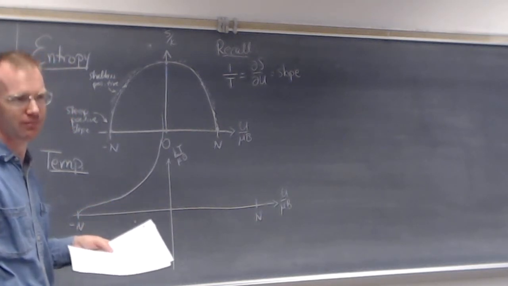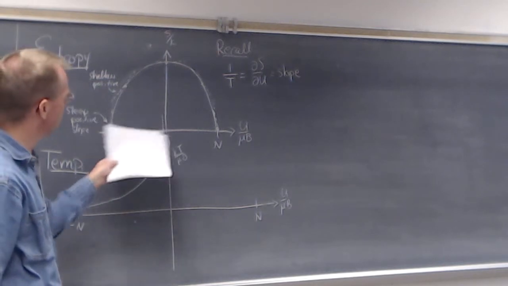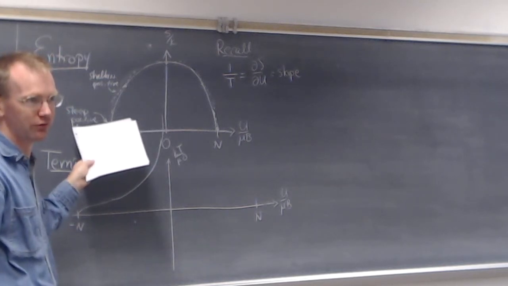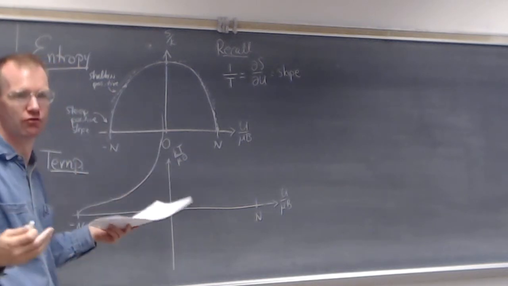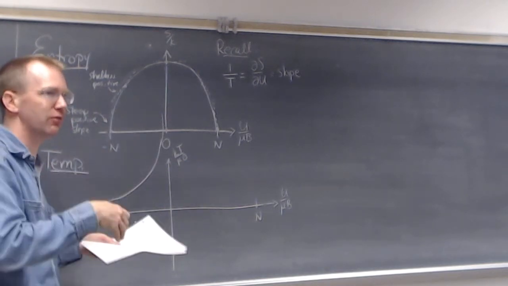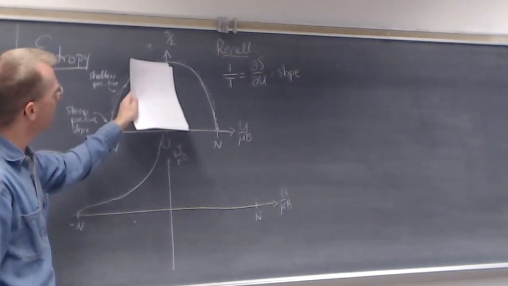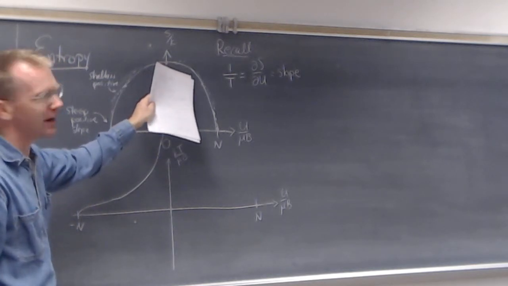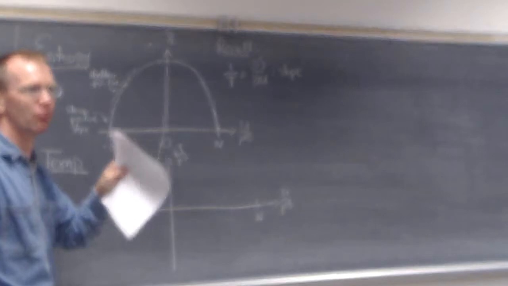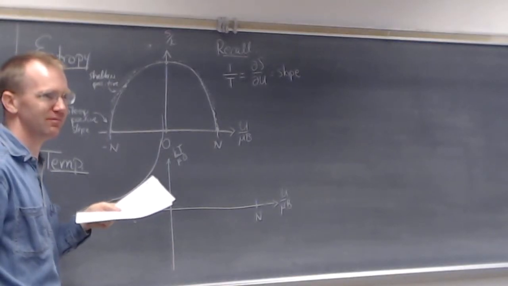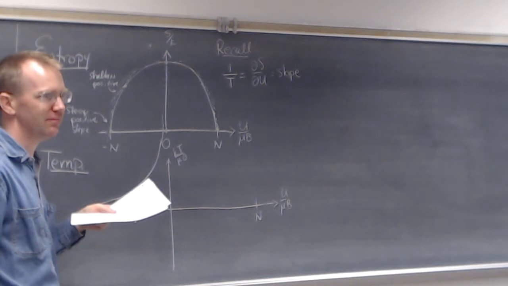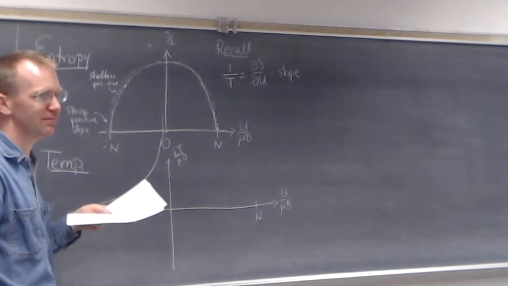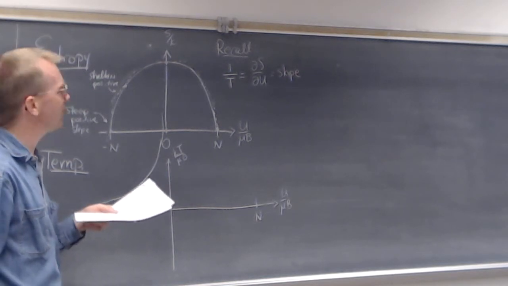Here's the fun thing. What if you keep adding energy? Because you're still on the negative energy side of this. If you keep adding energy and you flip more, a majority of those dipoles to pointing against the magnetic field, now you have a shallow negative slope. So what's your temperature? Right?